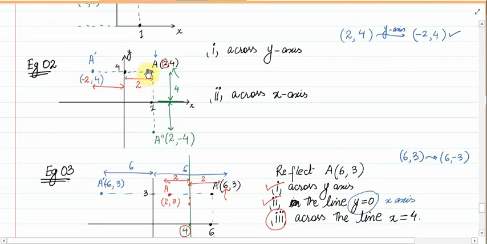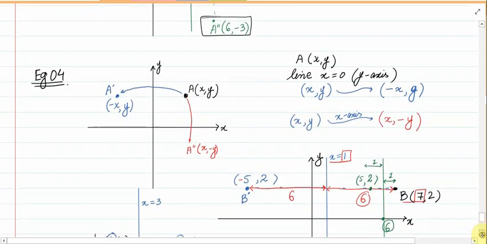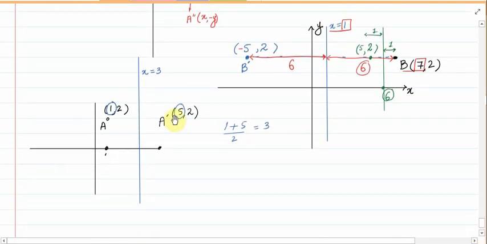That is our major concept of the topic reflection, that the line of reflection always lies in the middle of the 2 points, and among those 2 points, 1 point is the object and 1 point is the image, right? So you can find the line of reflection by adding the 2 values and then just dividing by 2.